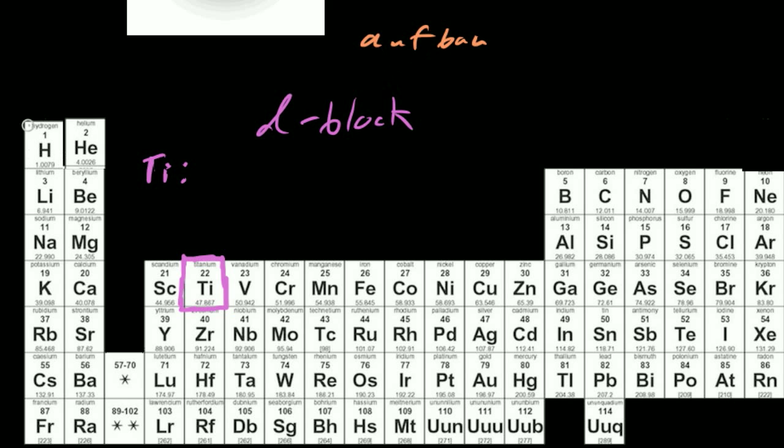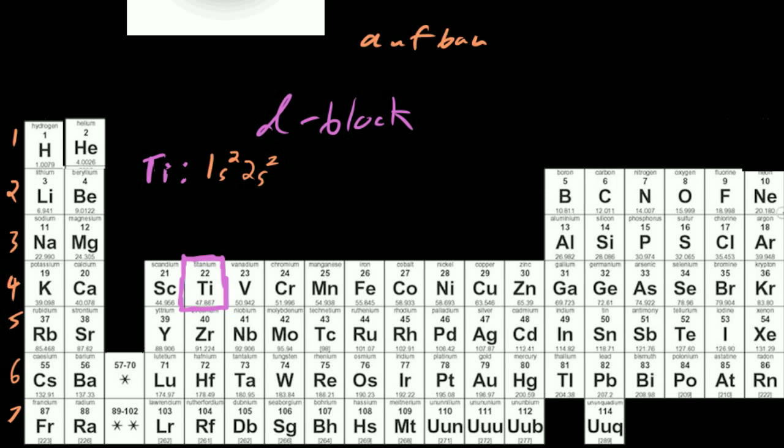So anyway, let me write in our periods again: 1, 2, 3, 4, 5, 6, 7. We start with our first 1s orbital, which is going to be full, 1s2. I'm going to go maybe a little faster than I should.